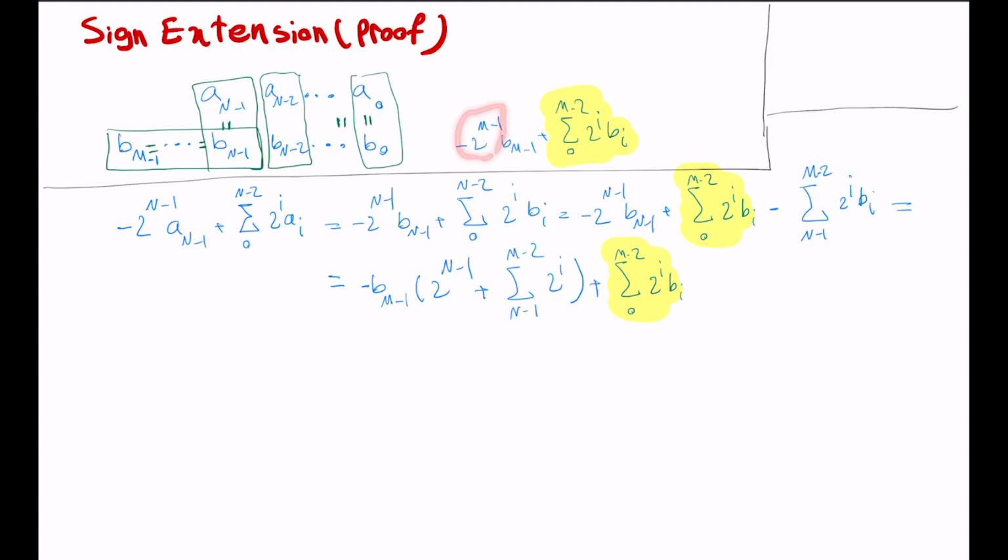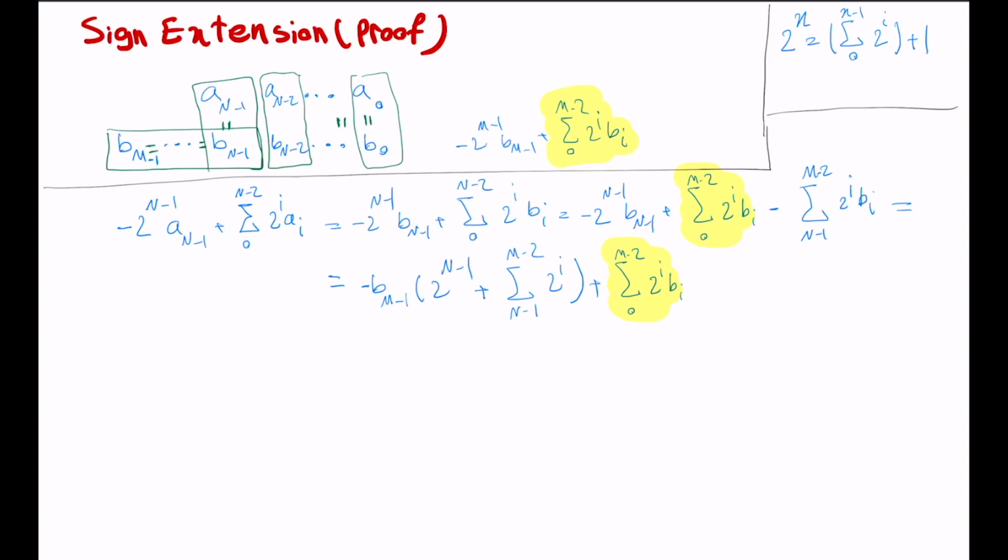We have this term versus this term. So I want to quickly remind you of an equation that we have seen several times by now. 2 to the power of x is equal to the sum from 0 to x minus 1 of 2 to the i, the whole thing, plus 1. We have seen this over and over again.